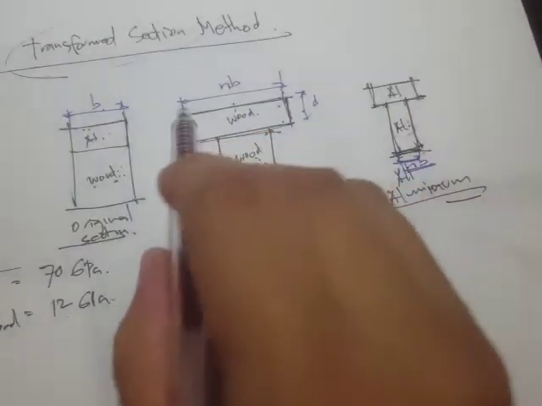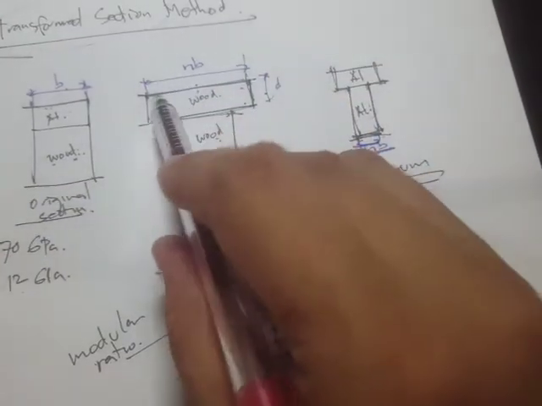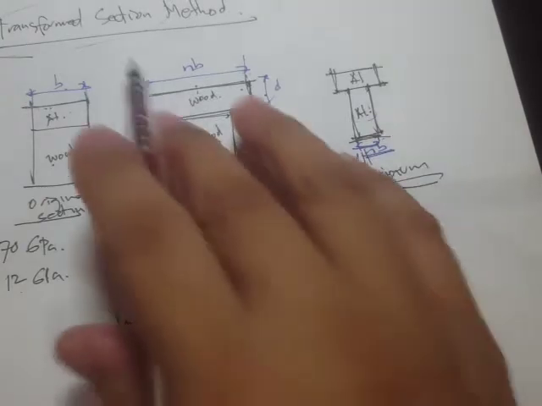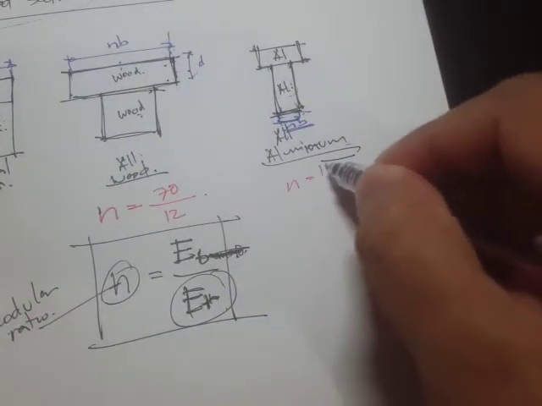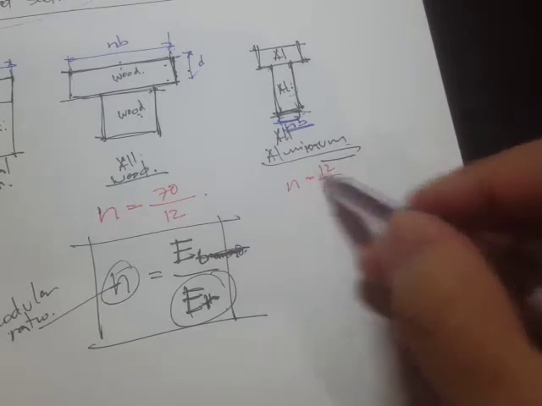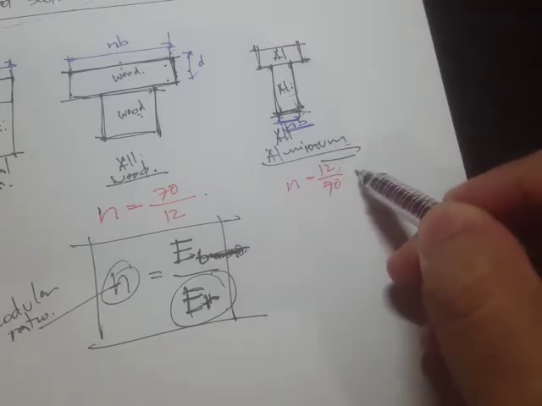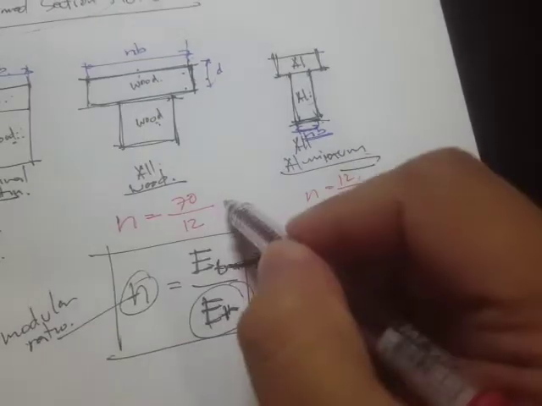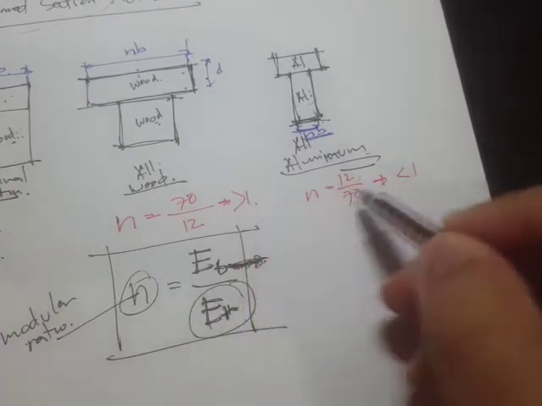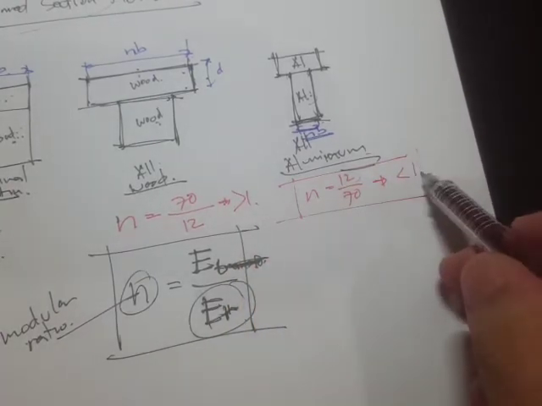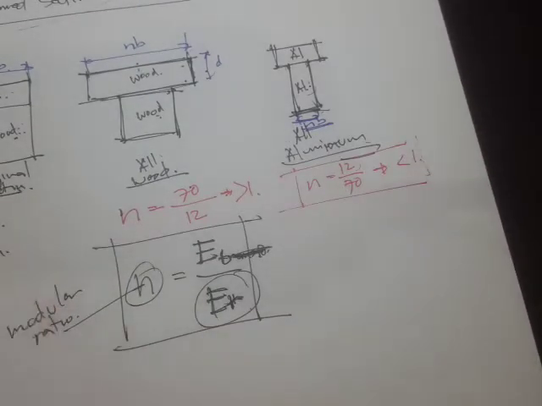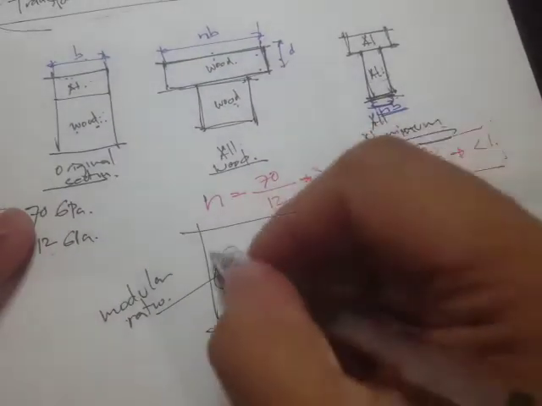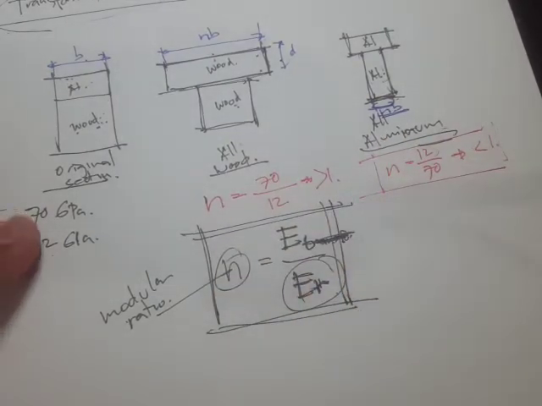That's why it has to increase in length. But for this one, this is 12 divided by 70, so this will be less than 1. If it's less than 1, then it has to shorten. So here's the key parameter for analysis, the modular ratio.